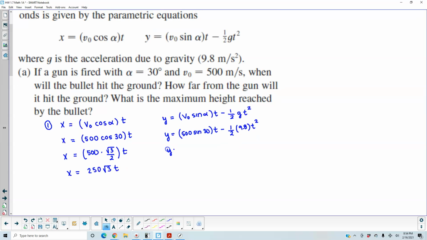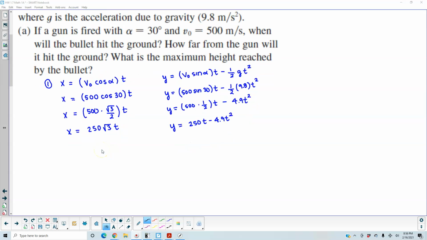So 500 times 1/2 is 250 t, and 1/2 of 9.8 is 4.9 t squared. So the parametric equation is going to be 250 t minus 4.9 t squared for y.